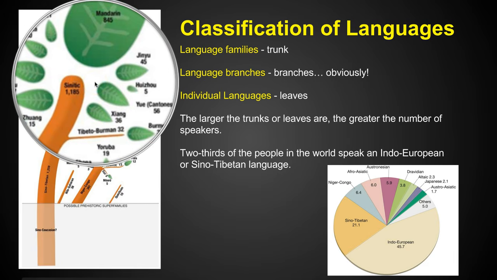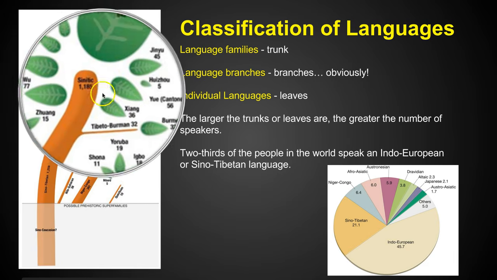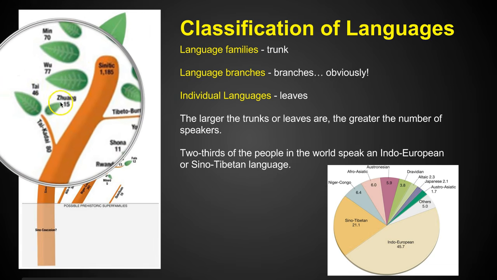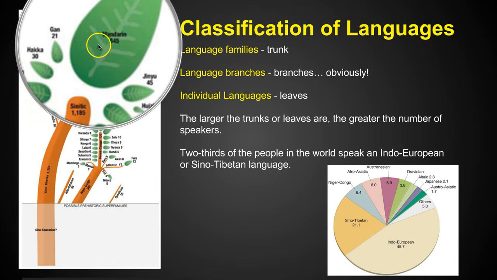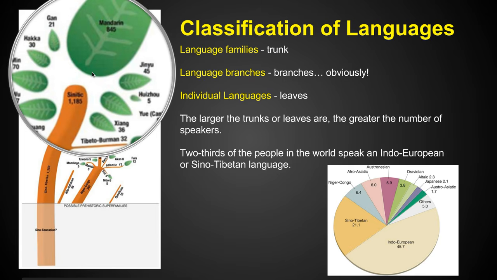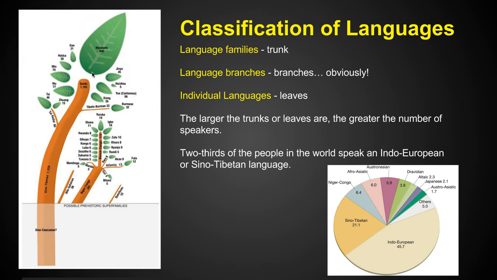Those are the branches, and then the individual languages would be the leaves. Looking at all these leaves on the Sino-Tibetan family, our biggest leaf is Mandarin, because that's the largest language spoken from that language family.